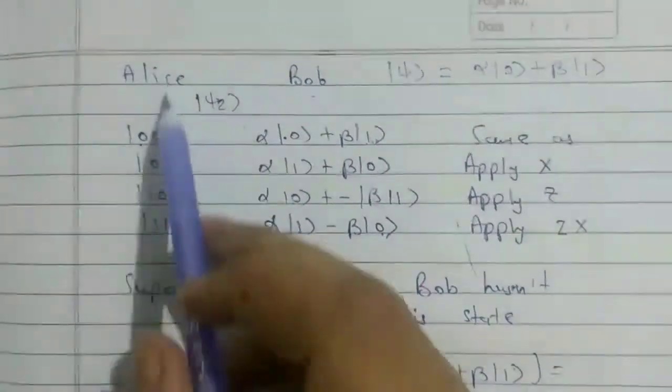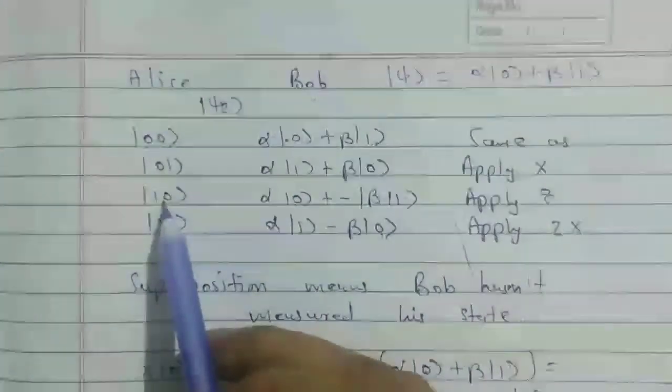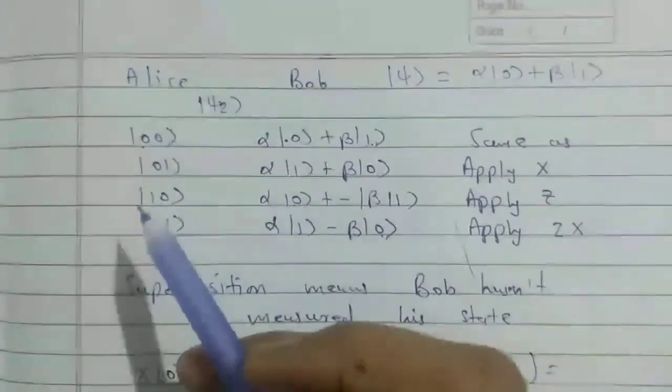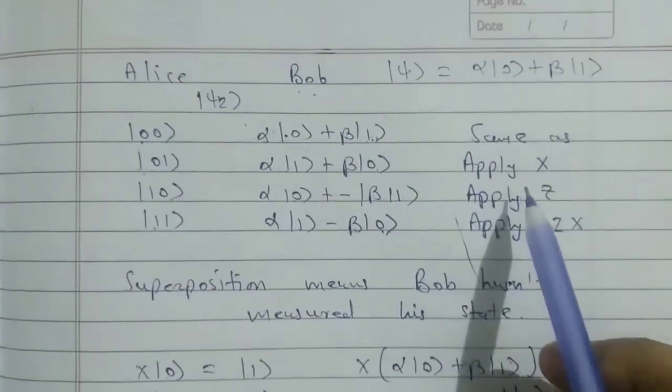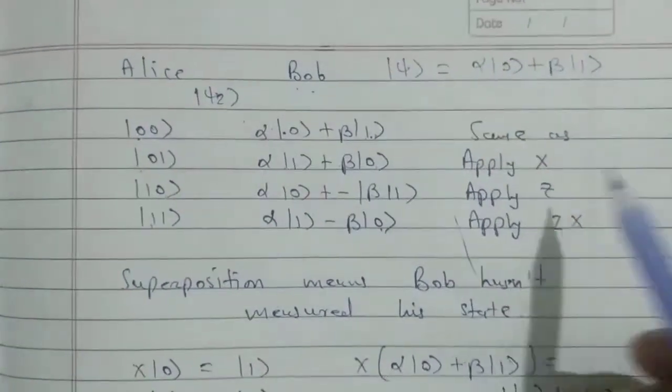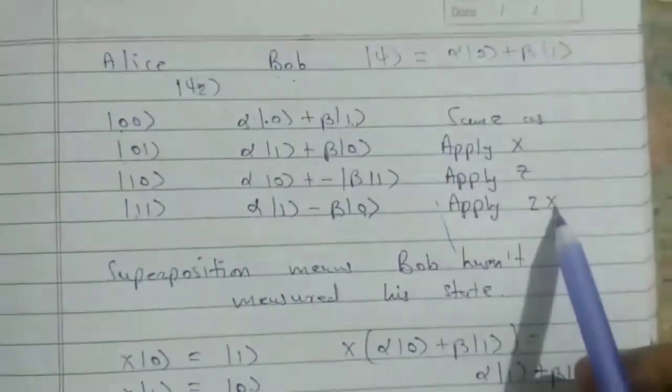Similarly, if Alice measures 10, she will send a classical signal to Bob stating that he needs to apply the Z gate. Similarly, for 11, he needs to apply the ZX gate.